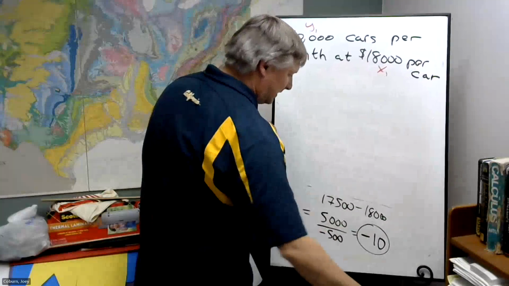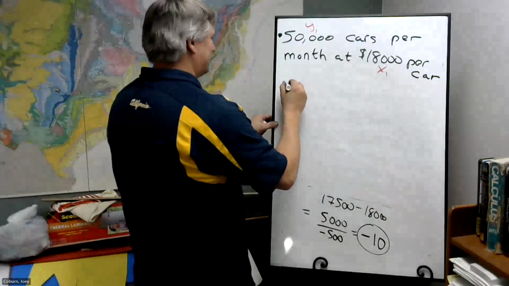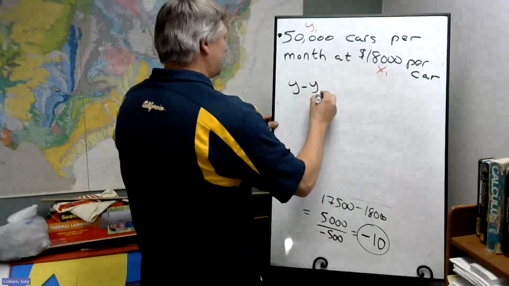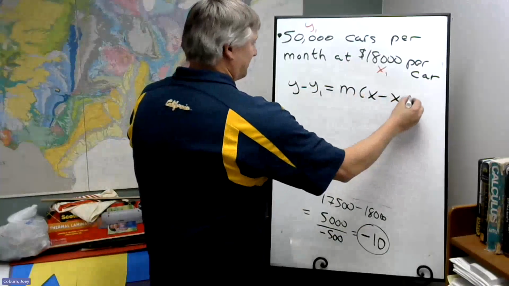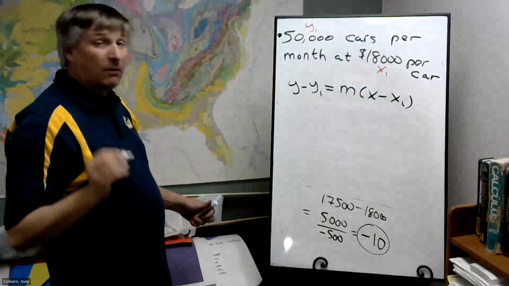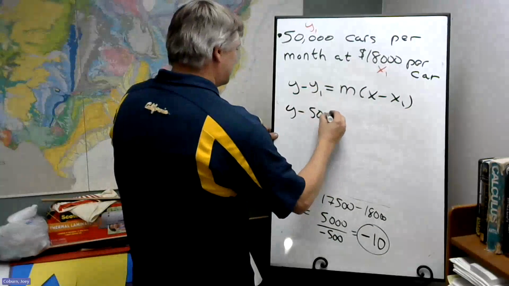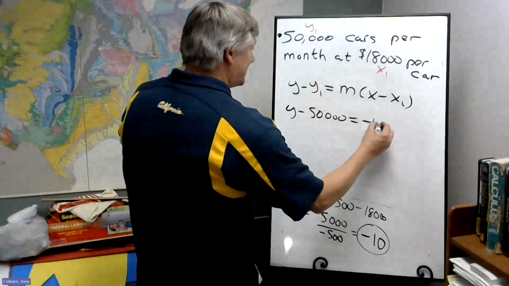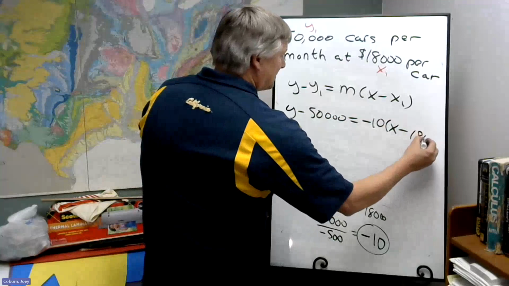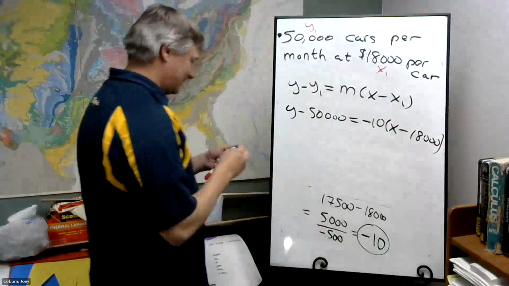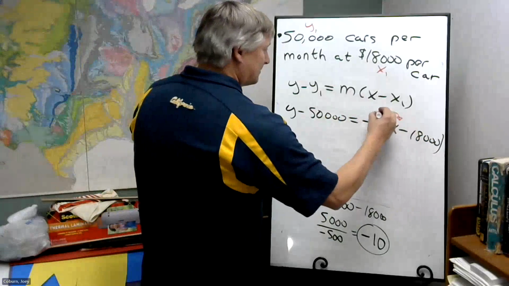And now we use the point slope formula. y minus y1 equals m times x minus x1. Or y minus 50,000 is negative 10 times x minus 18,000. Distribute the negative 10.